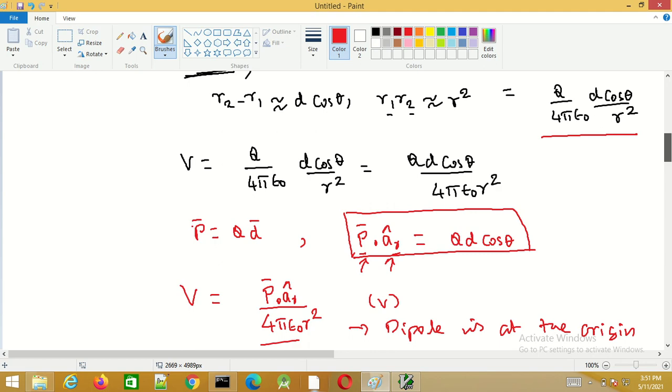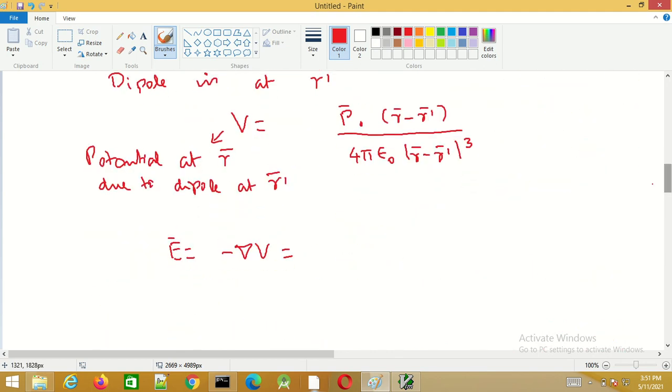In spherical coordinates, it is given by minus dou V by dou R ER plus 1 by R dou V by dou theta A theta.